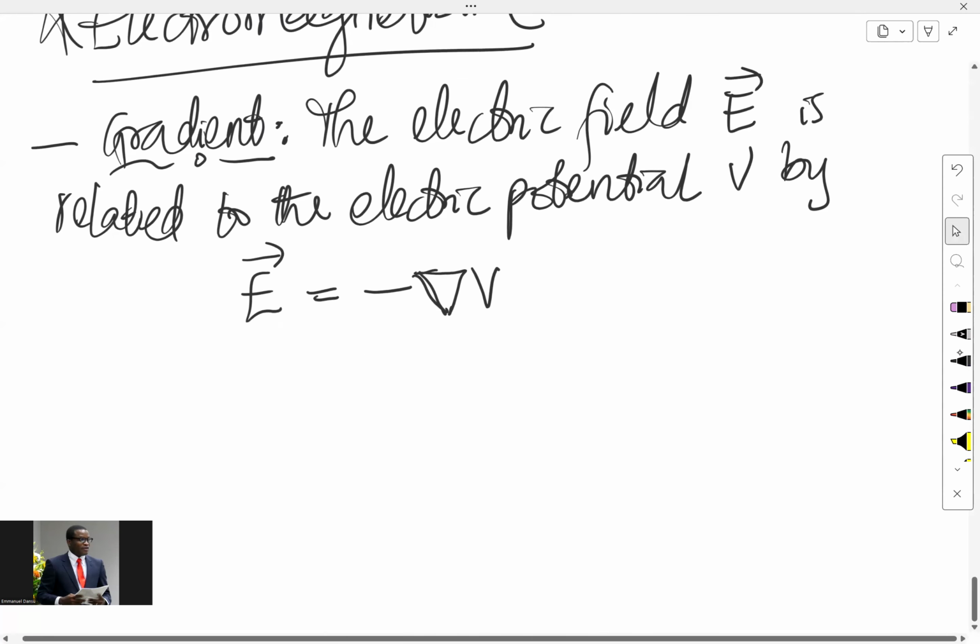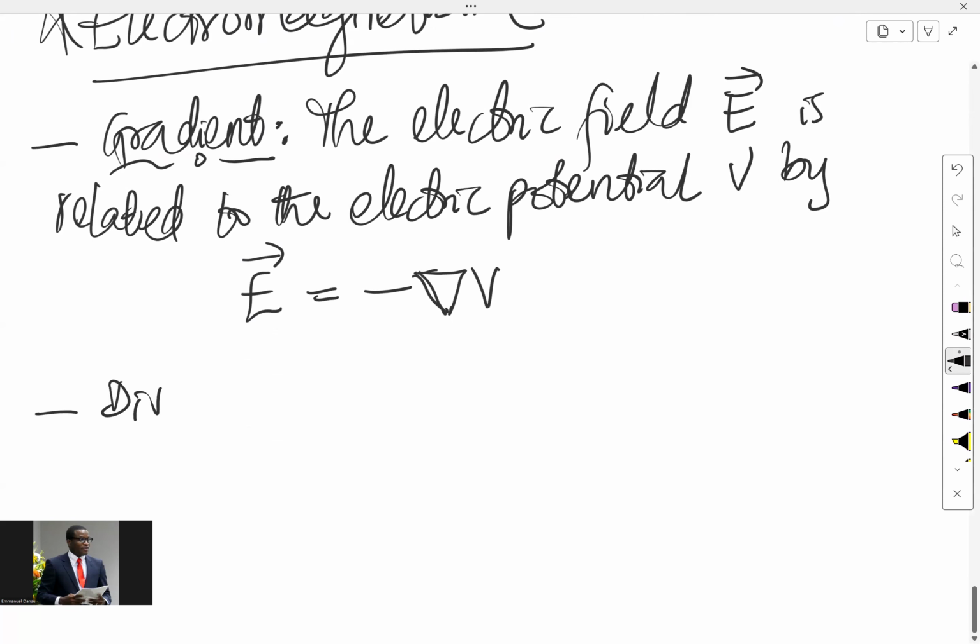Okay, then we talk about divergence. How does divergence play out in electromagnetism? Divergence is the dot product of del, or nabla, and a force field.